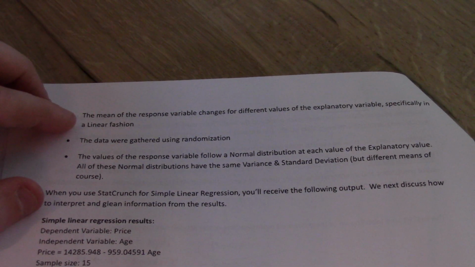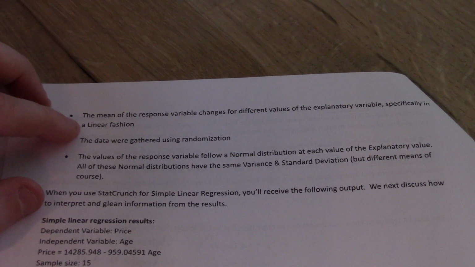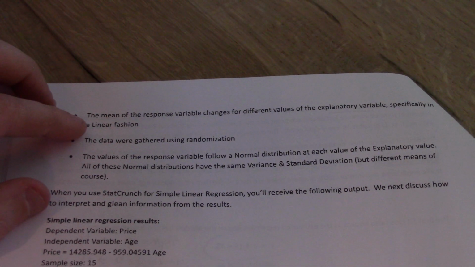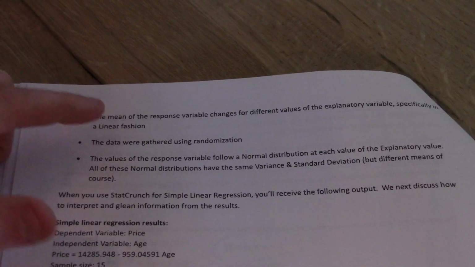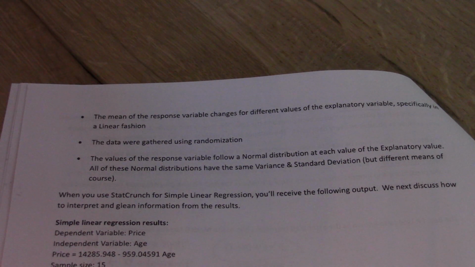It says the mean of the response changes for different values of the explanatory variable, specifically in a linear fashion. So all of this is really saying is there's a trend, there's an association. Something is happening between the points. It's going up or it's going down. But specifically, it looks like a straight line. So we can't do regression on curves or anything more complex than just a straight line. You can, but not in this class. We'll take some more classes.